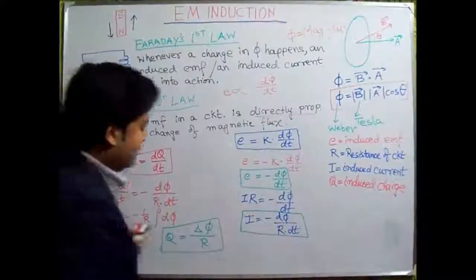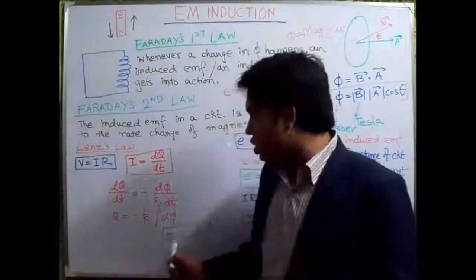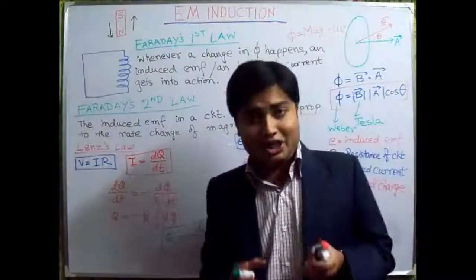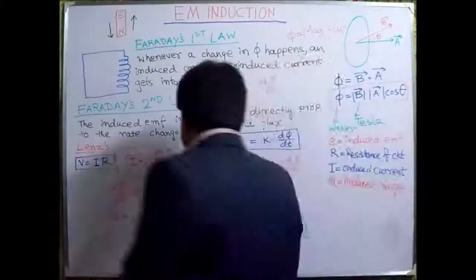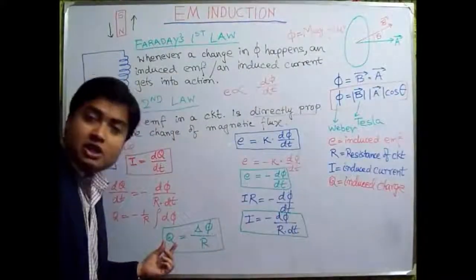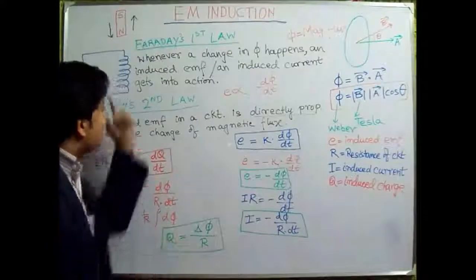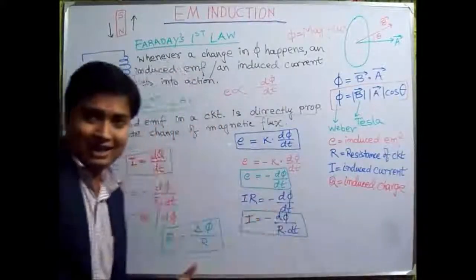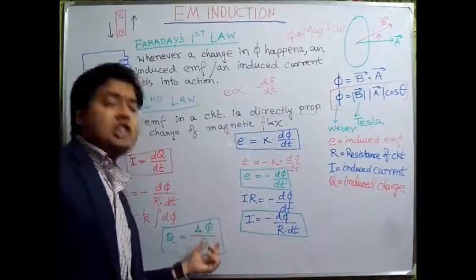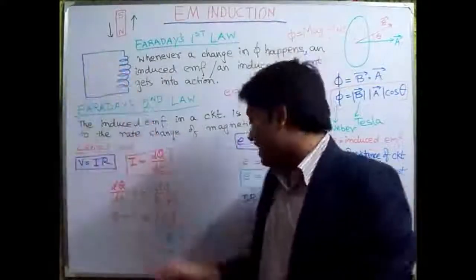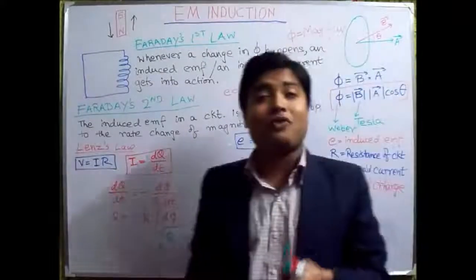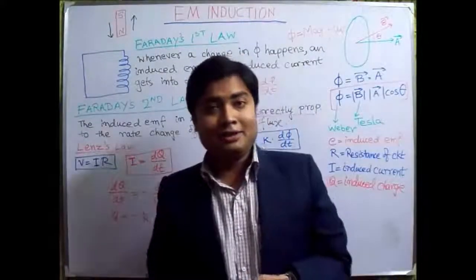There is no negative sign in this expression because we are actually interested in understanding how much charge gets induced in this circuit for the given change of magnetic flux, given that this circuit has a resistance of R. Right? Thank you.